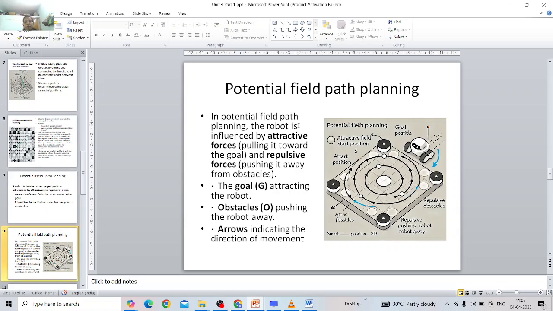The robot is influenced by attractive forces pulling it towards the goal and repulsive forces pushing it away from the obstacles. The goal G attracting the robot, obstacles pushing the robot away, and the arrows indicate the direction of the movement.